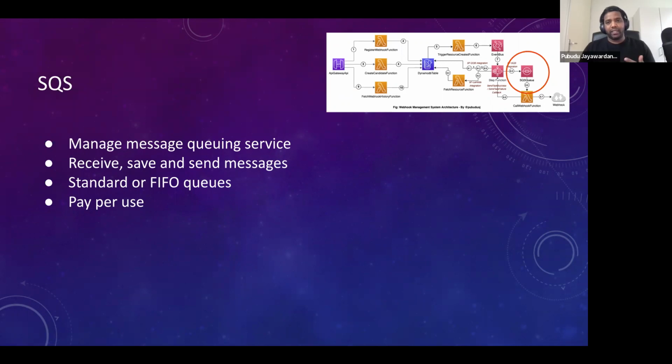It's like 300 messages per second, which is not a big amount for a large system. Talking about the pricing, it's again a pay-per-use model. So there are no upfront charges. You only pay for the usage, the number of API requests in SQS.